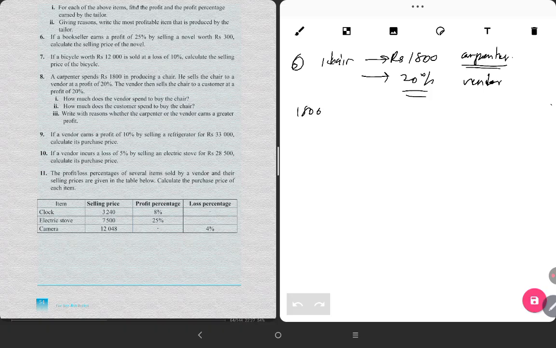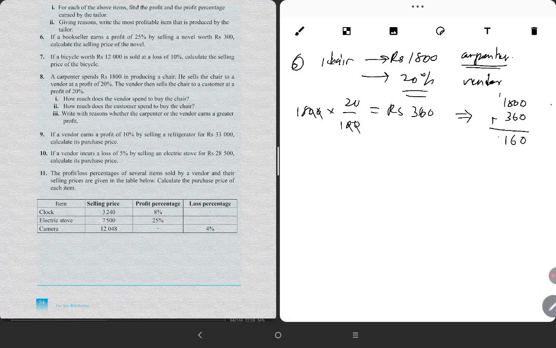You can calculate that as 20%. 18 times 20 is rupees 360. So the vendor is buying it at how much? 1800 plus 360, rupees 2160 is what the vendor is buying at.